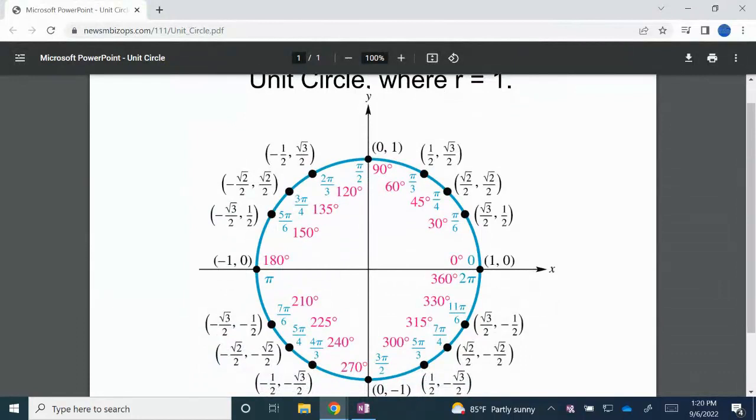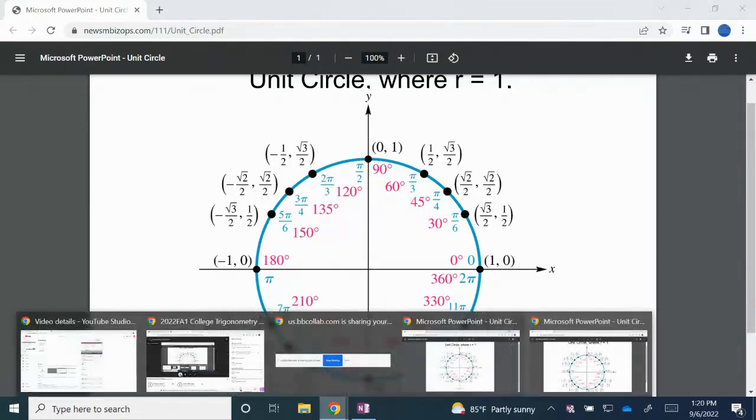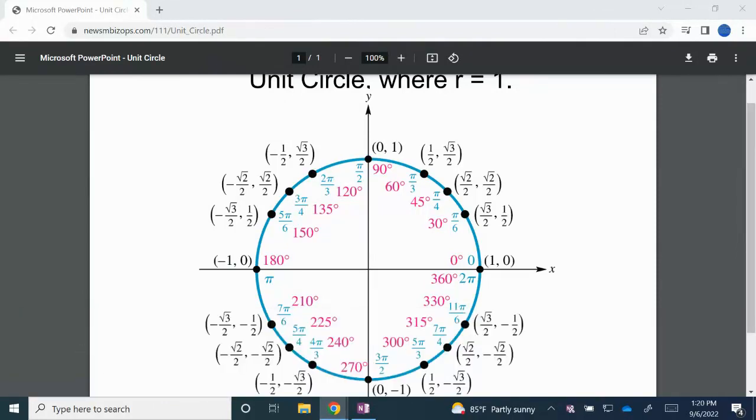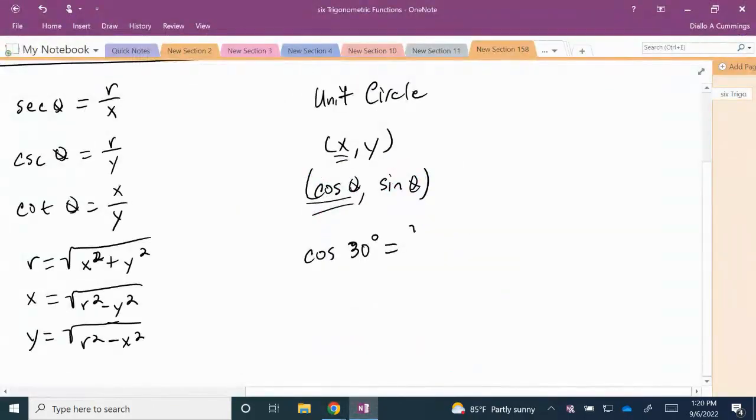So here I have 30 degrees, which is the same as pi over 6 radians. I'm going to look at the x coordinate, which is square root of 3 over 2. So we have square root of 3 over 2.